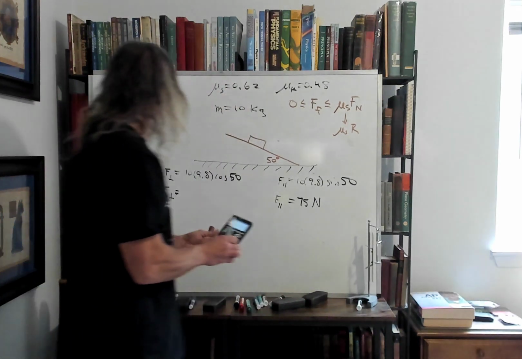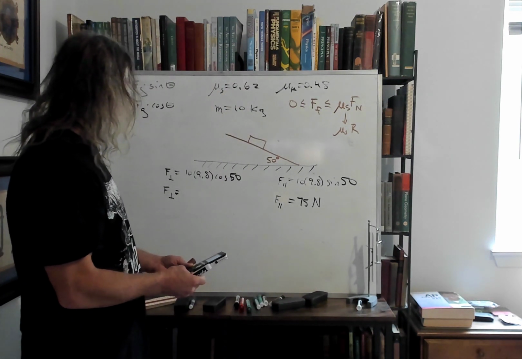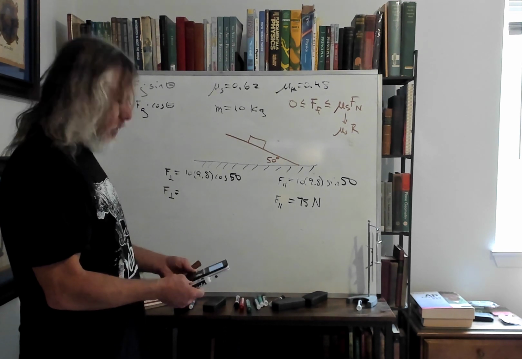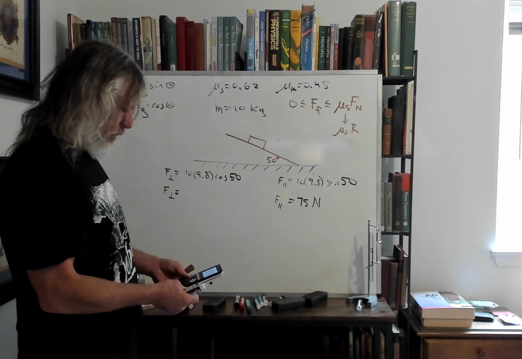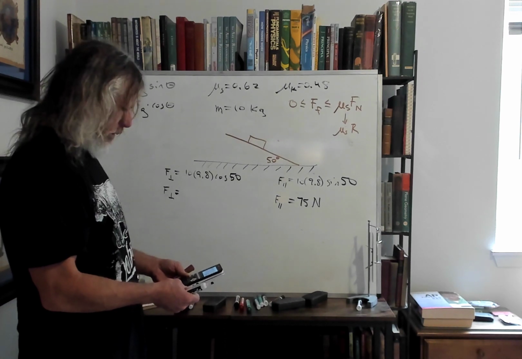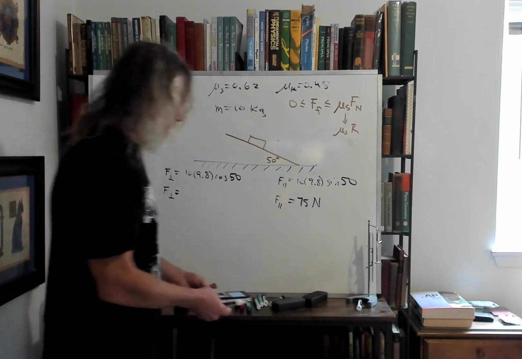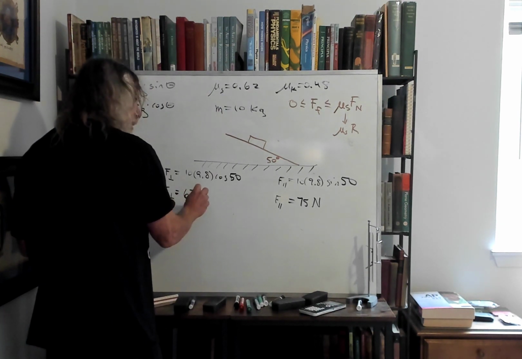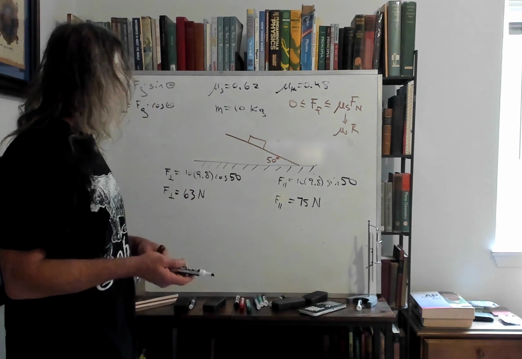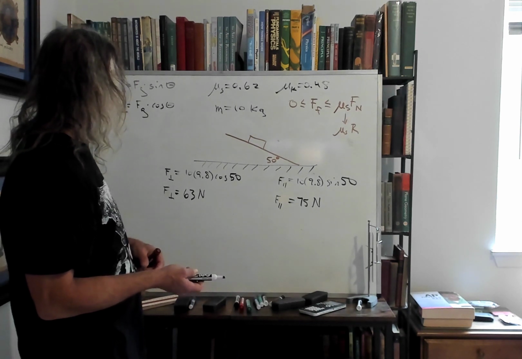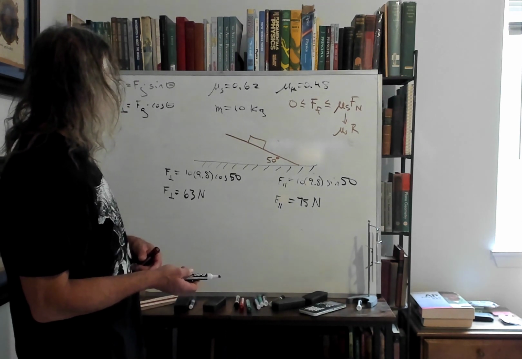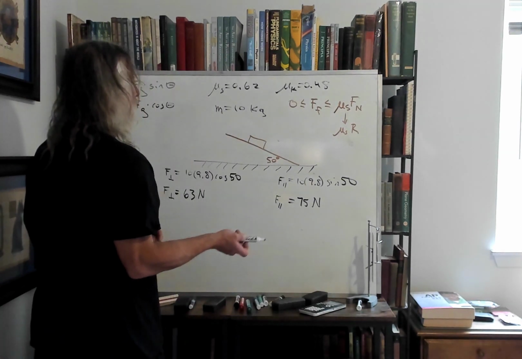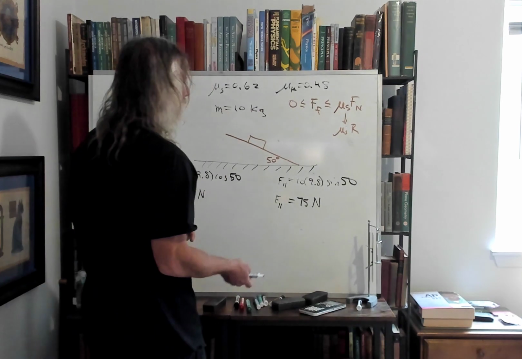And the perpendicular, the force of gravity perpendicular to the board, and the normal force would equal that. That's what the board is doing to support the eraser, because the eraser is not moving, is about 63 newtons. Then the static friction can be, I'll do it over here.